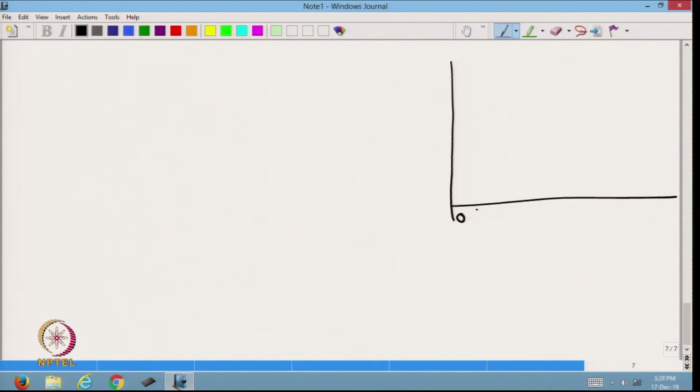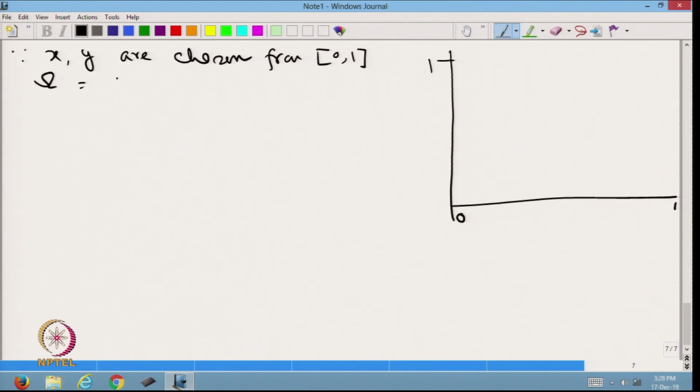So, we have 0 and 1. Therefore, since x, y are chosen from the interval 0, 1, omega is equal to the unit square.